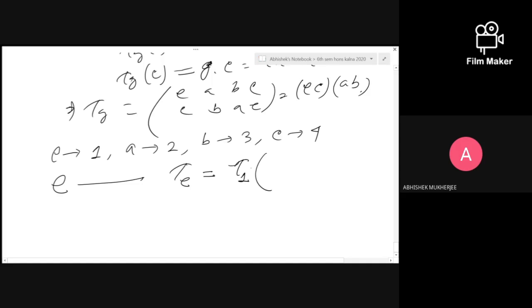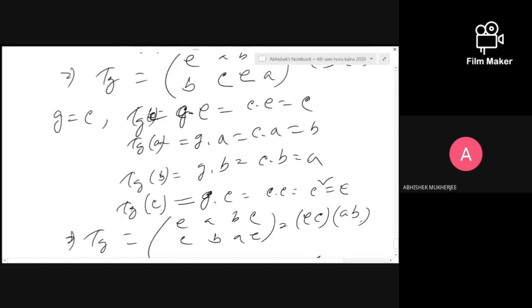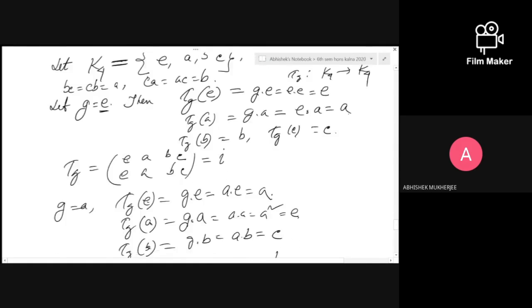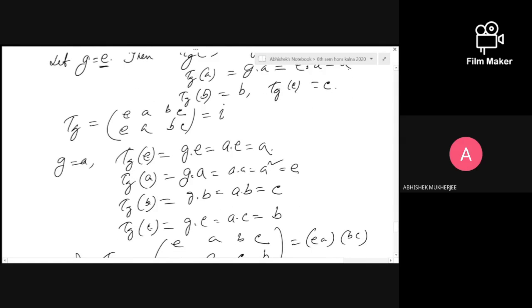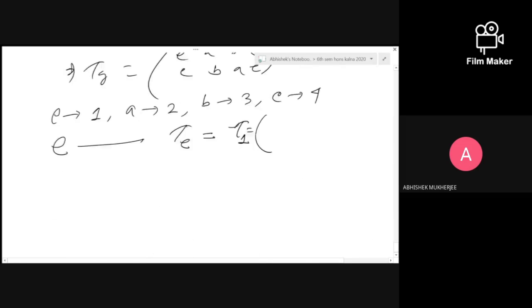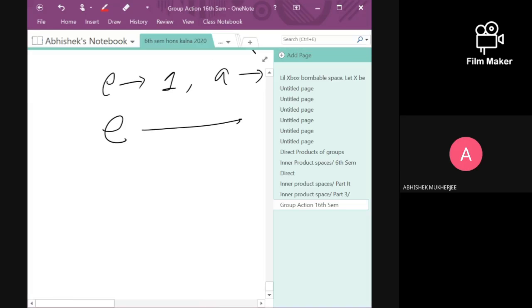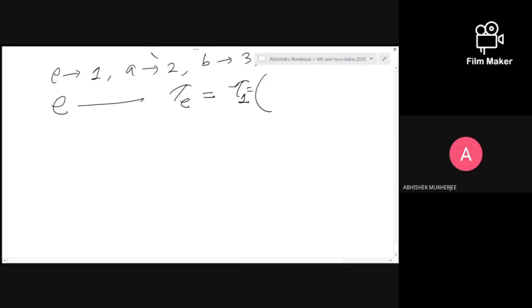So what is tau 1? Tau 1 is the map, the identity, that is 1 2 3 4. 1 goes to 1, 2 goes to 2, 3 goes to 3, 4 goes to 4. That is the identity map.